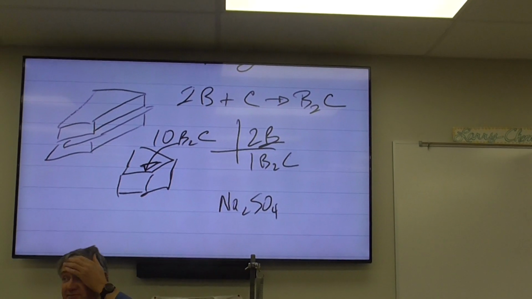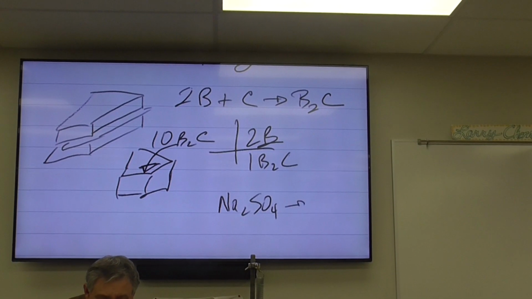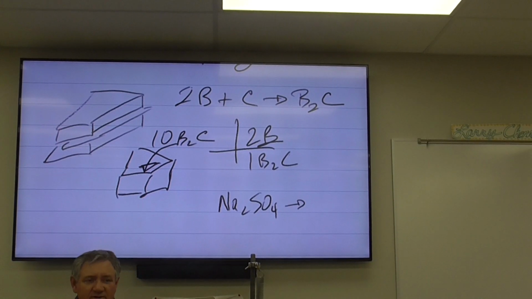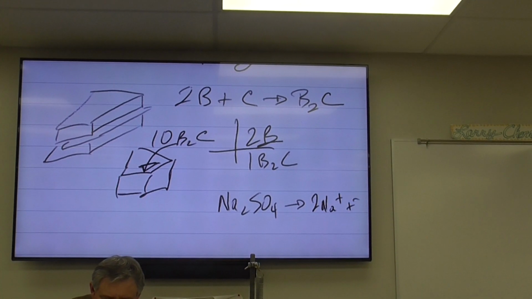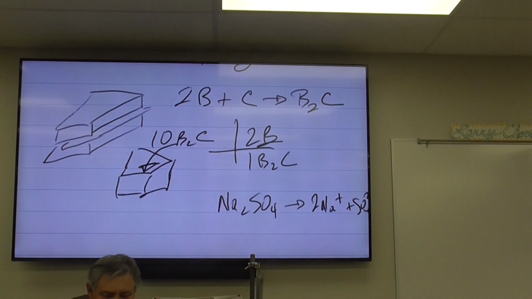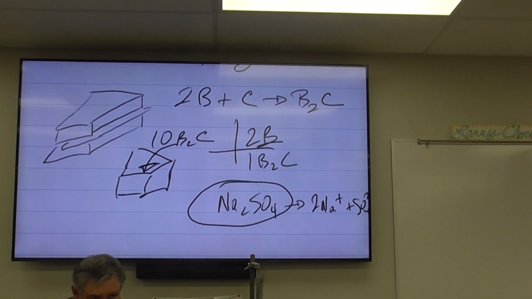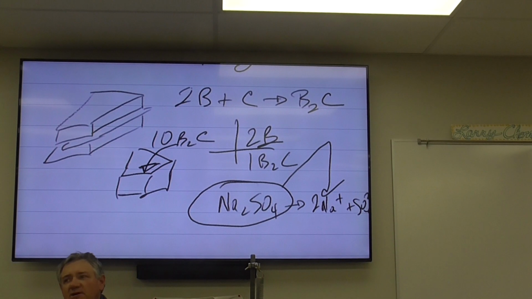So here's the point of this equation. When this stuff dissolves, how many sodium ions are you going to get out of this? So you're going to get 2 sodium ions to every 1 sulfate. So if you know the concentration of the sodium sulfate, what's going to happen to the concentration of the sodium ions?